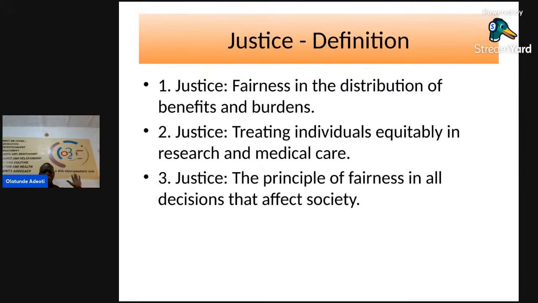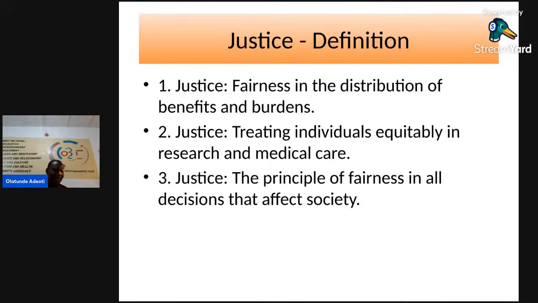Now, another principle of bioethics is justice. What do we mean by justice? Fairness. Please underline that word. Fairness in the distribution of benefit as well as burden. Don't use the principle of robbing Paul to pay Peter.